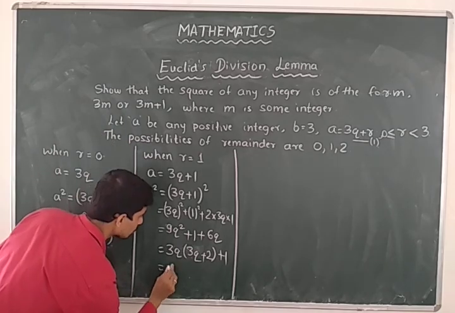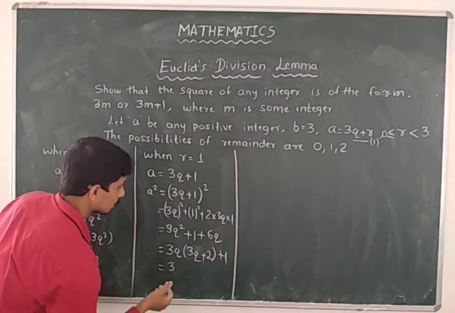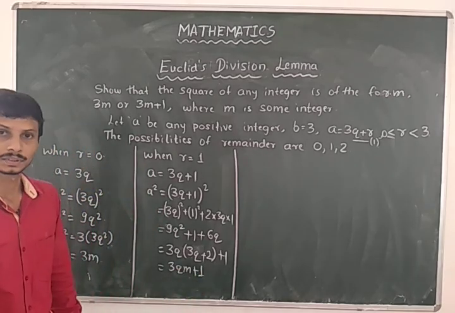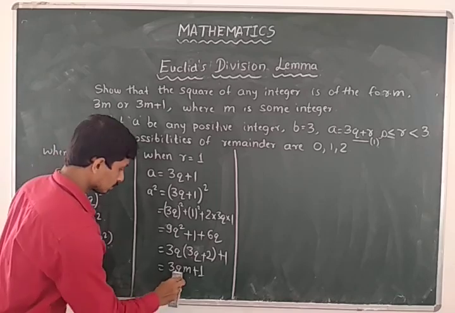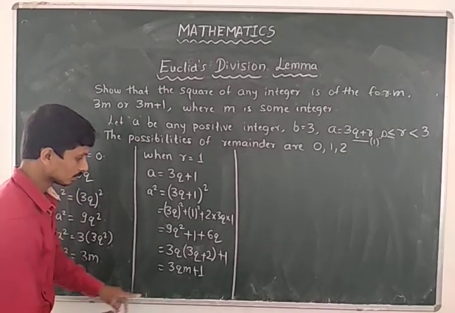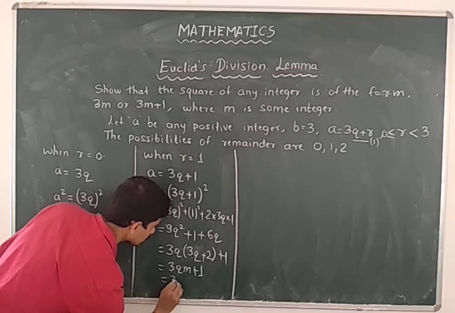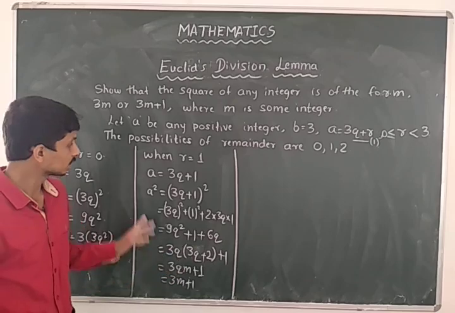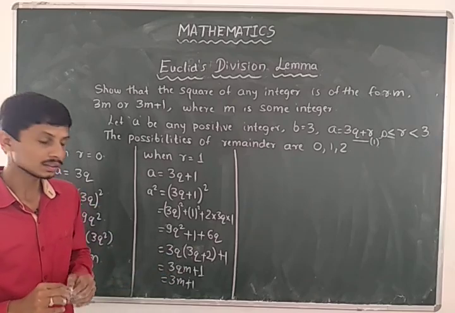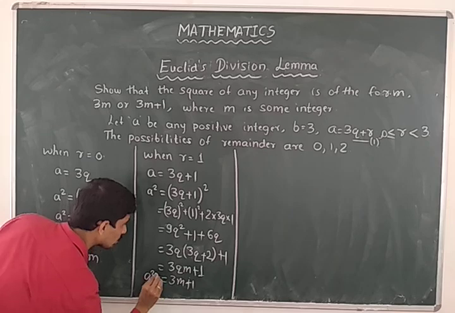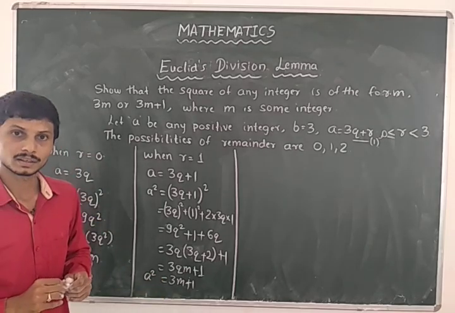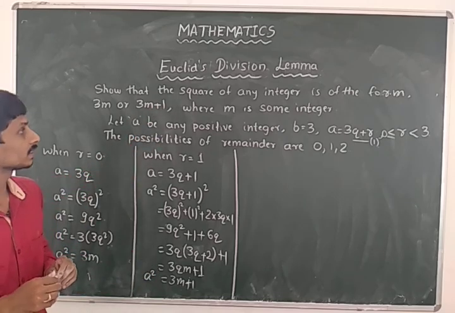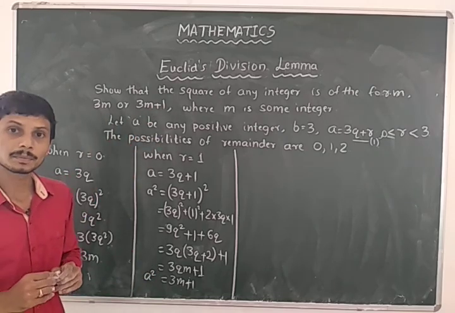So this is equal to 3qm plus 1. This qm also is m, so a square is equal to 3m plus 1. So just by taking r is equal to 1, a square is equal to 3m plus 1. That means the square of any integer is of the form 3m or 3m plus 1.